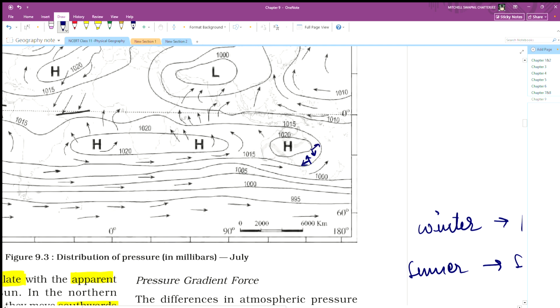It is perpendicular to that. So the direction of the Coriolis force is perpendicular to our pressure gradient force. So that direction, so the force is applying here.